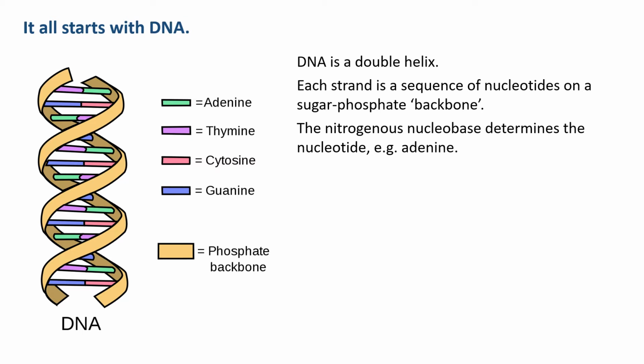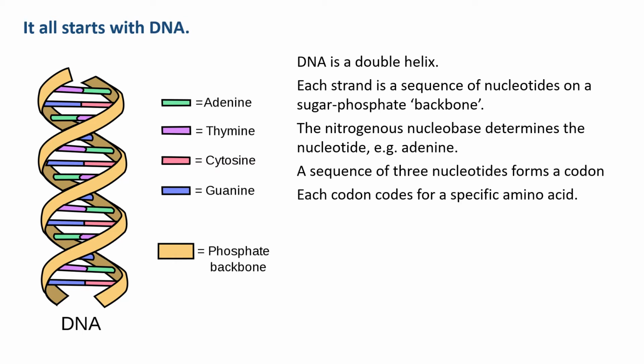The nucleobase that contains a nitrogen group, hence it's called nitrogenous, determines the type of nucleotide. So, for example, adenine, but also in the list there you see thymine, cytosine, and guanine. A sequence of 3 nucleotides in a row forms a codon. Each codon codes for a specific amino acid.